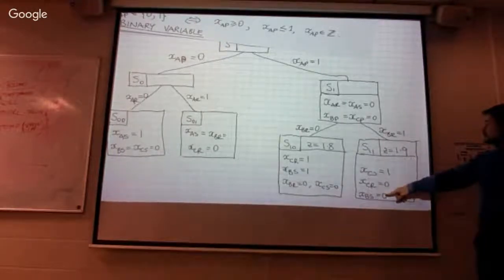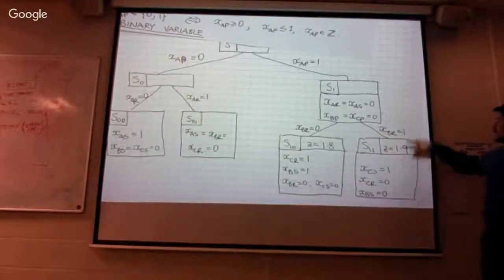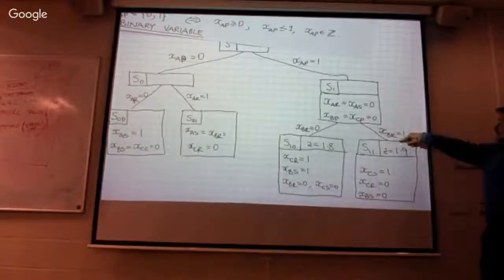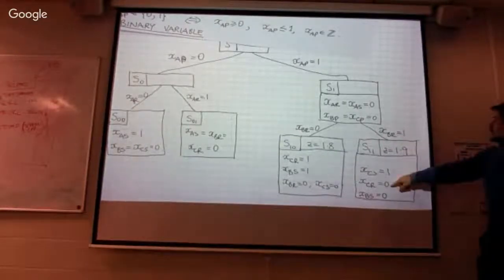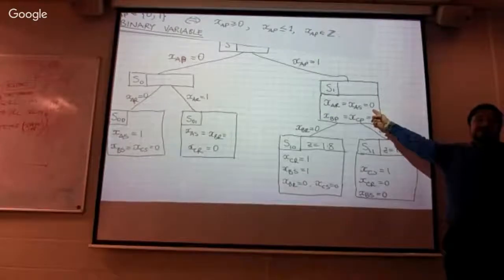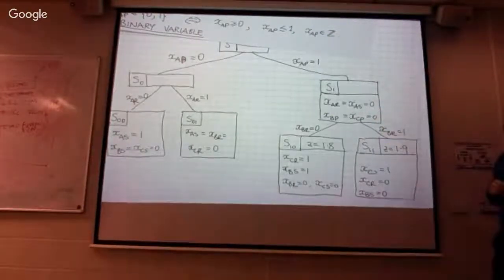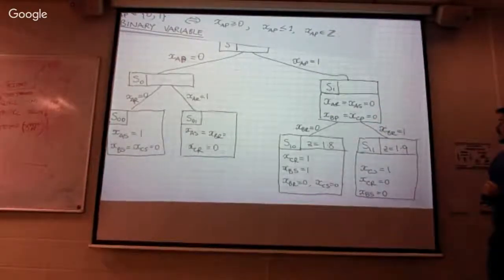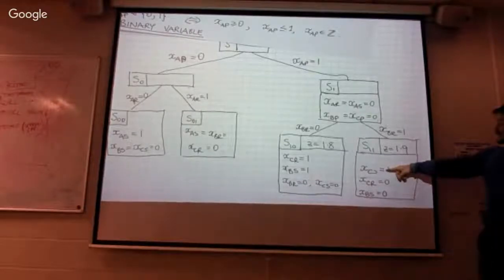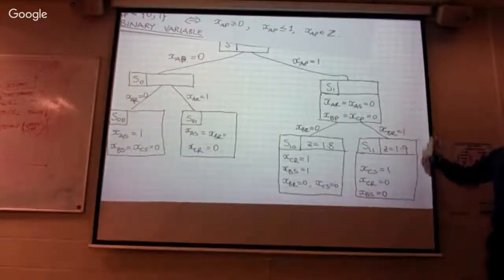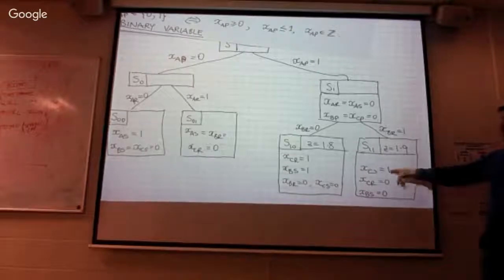And then everything else with R has to be 0 as well. So CR has to be 0, AR we know it's 0. But then there's XCS left, and you know that it appears in some constraints where everything else is 0, so necessarily has to be 1.